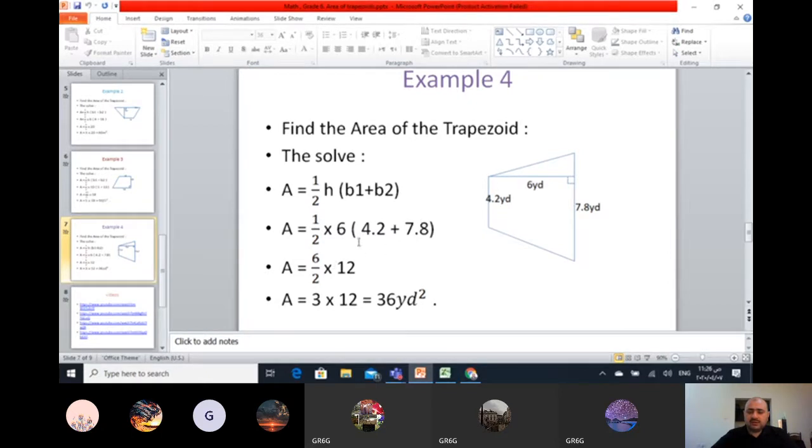And here, inside the parentheses, I can add 4.2 plus 7.8, which is 12. Now, 6 divided by 2 is 3. Multiply by 12. 3 multiplied by 12 will be 36 yards squared.